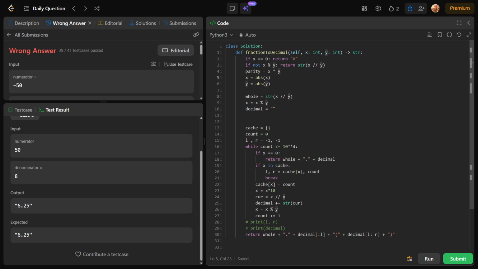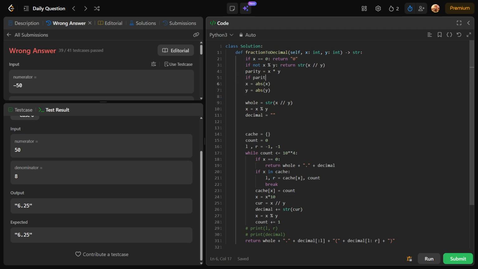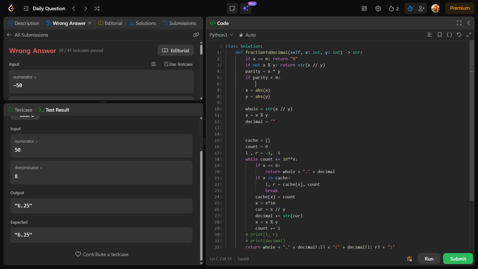If parity is lesser than 0, flag is equal to true.